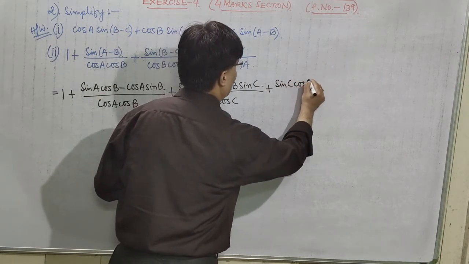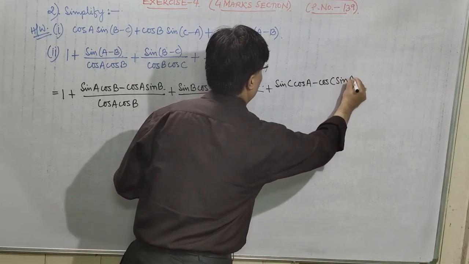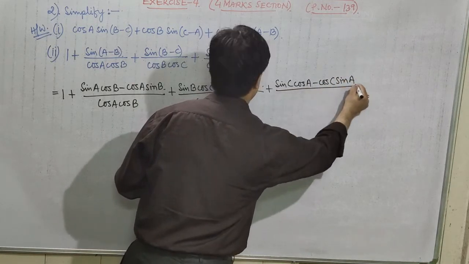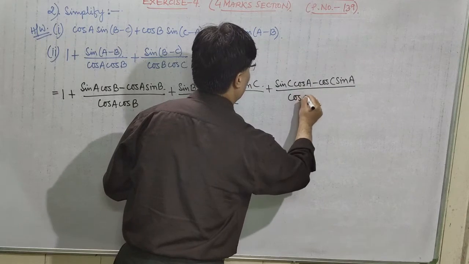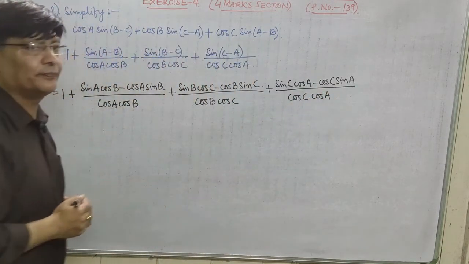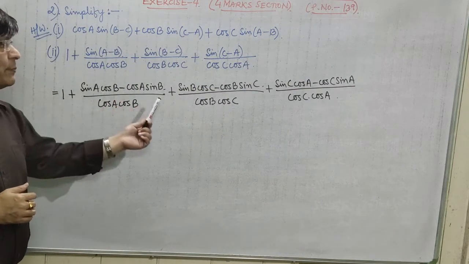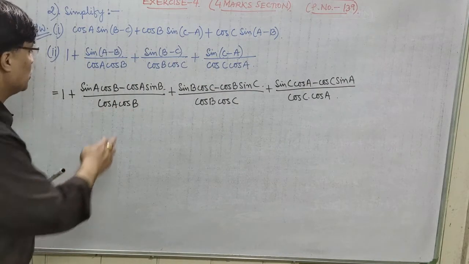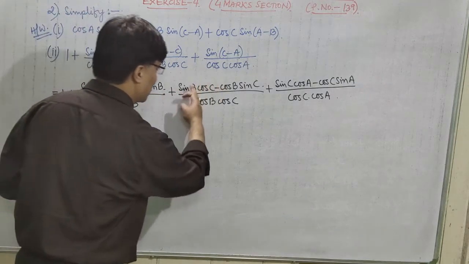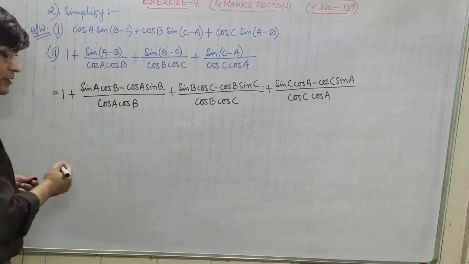Sine c cos a minus cos c sine a whole divided by, in the denominator we have cos c into cos a. Is that clear? So next, you can separate each and every term. You can separate this second term, this third term, this fourth term, and you can simplify it.